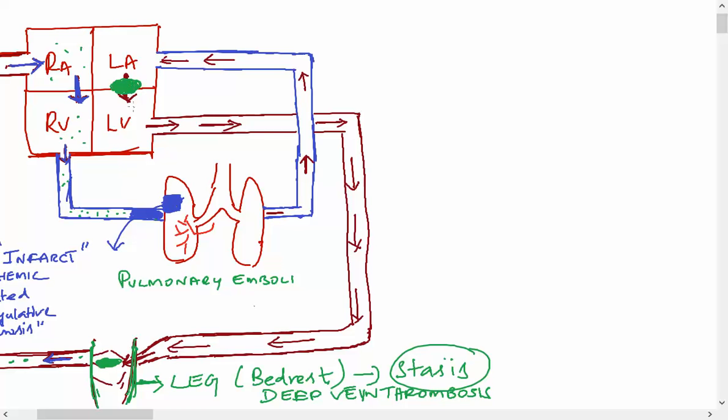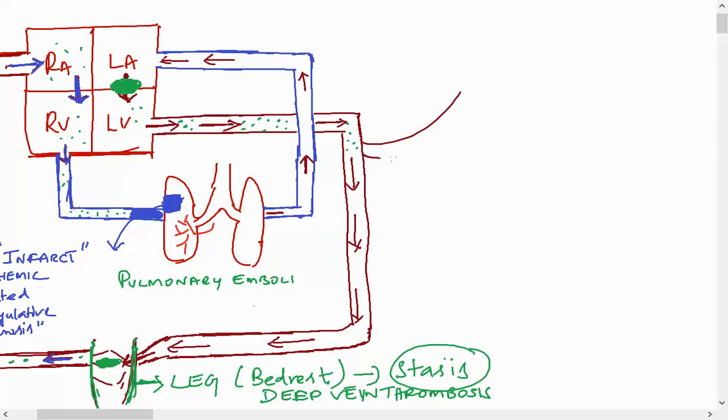Okay, the thrombi travels where? It travels in the aorta, right? It travels in the systemic circulation. For example, this blood is going to the brain.